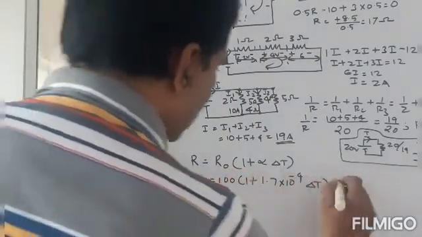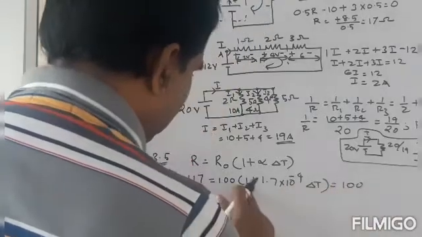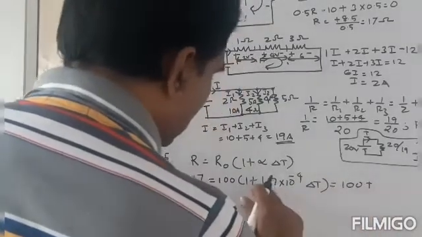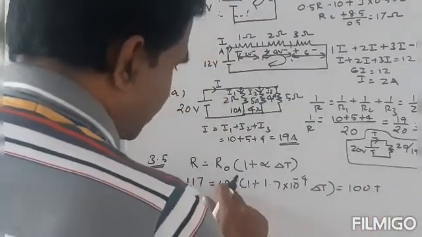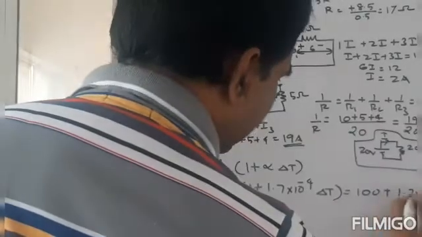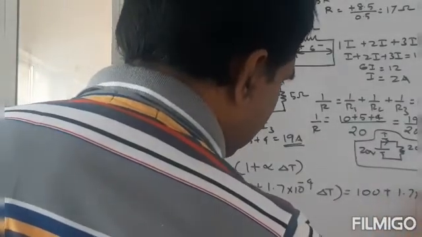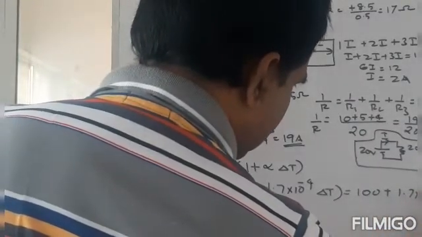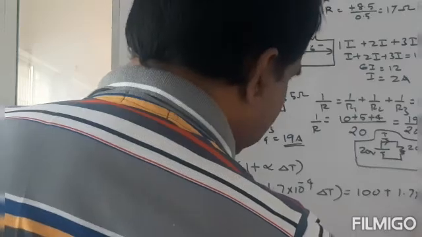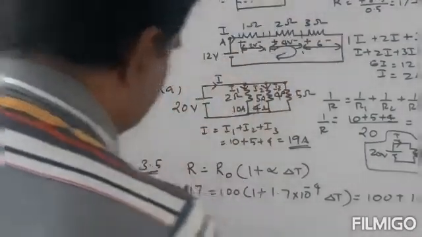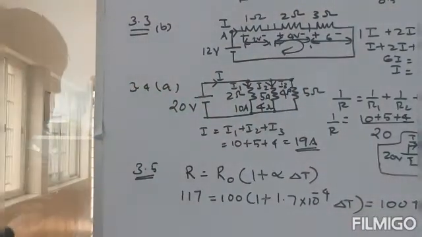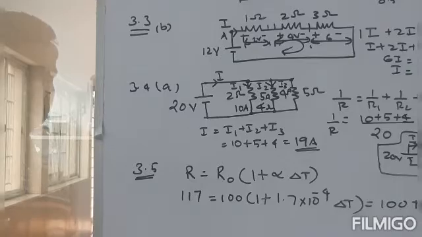So I got 100. We'll take it in 100 plus 1.7 into 10 power minus 4 into 10 power 2, so 1.7 into 10 power minus 2, into delta T, which is T minus T naught. It's final minus initial.